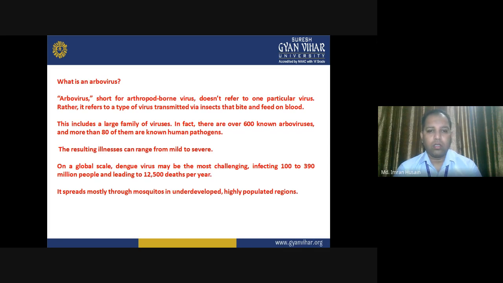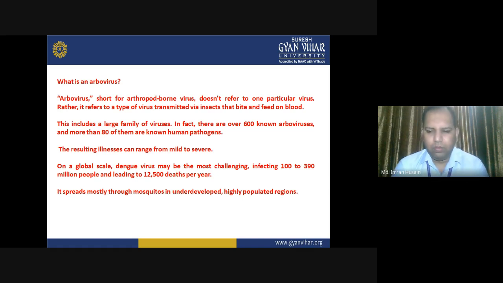It spreads mostly through mosquitoes in underdeveloped, highly populated regions. So what they are trying to tell you is that these types of diseases are mostly found in regions that are underdeveloped and extremely populated. So these are the two conditions that are essential for the spread of arbovirus.